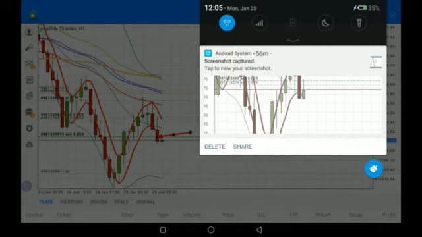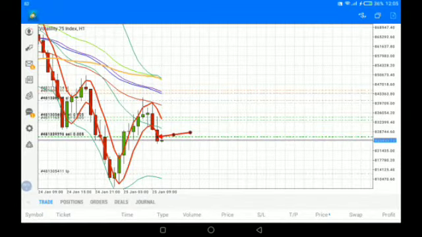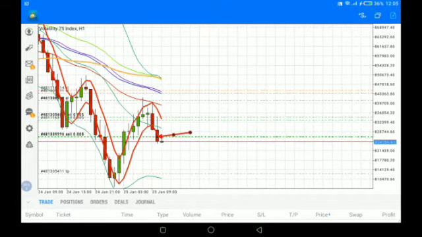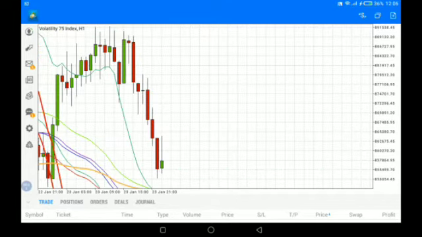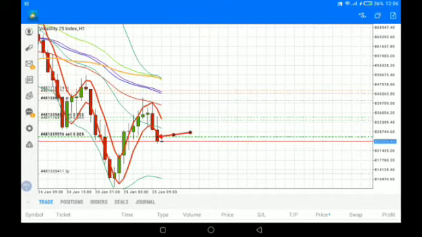I just turned on my Wi-Fi. But the last 1 hour candle closed this way, and we're looking at another candle forming. So let's see how that candle will close.